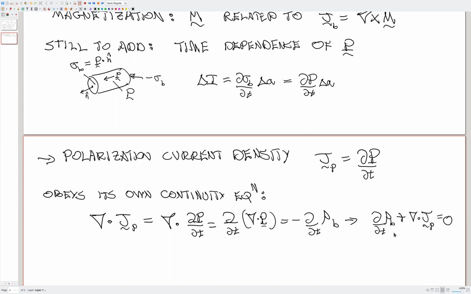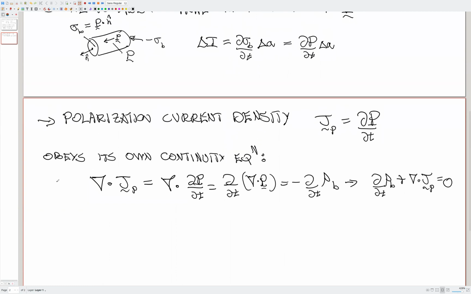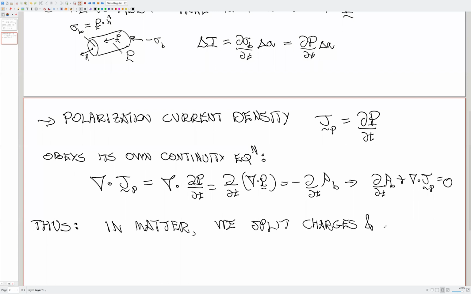So to recap, in matter, we split charges and currents as follows.